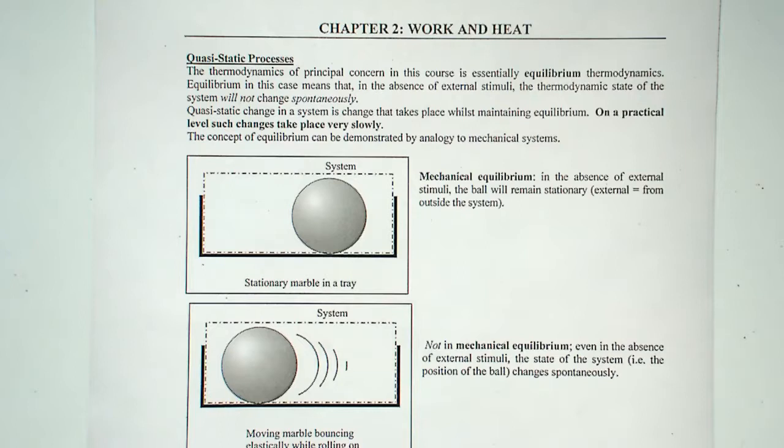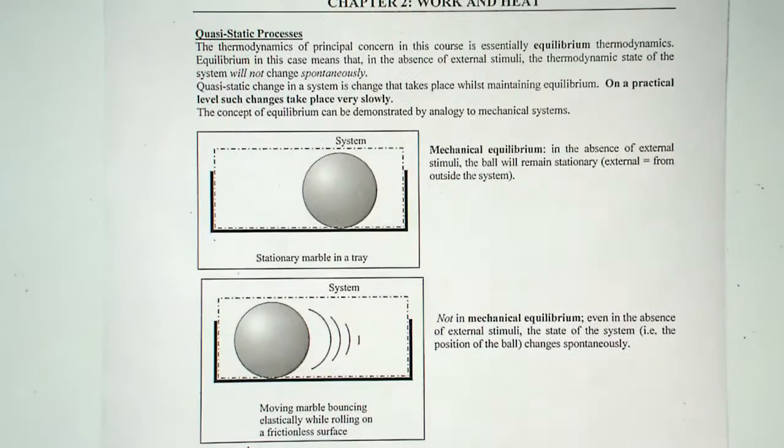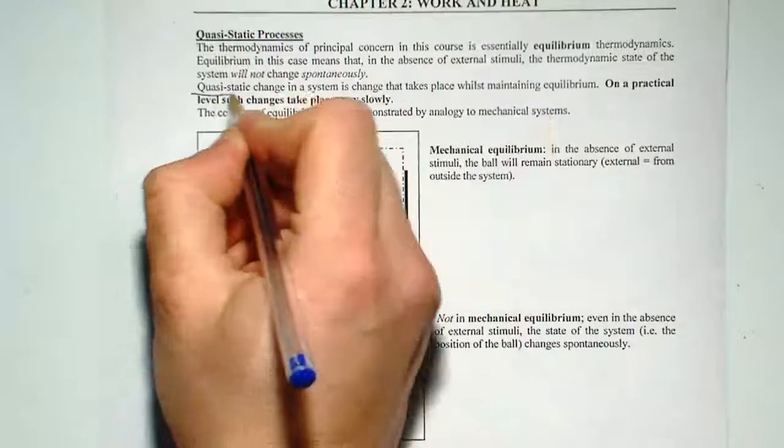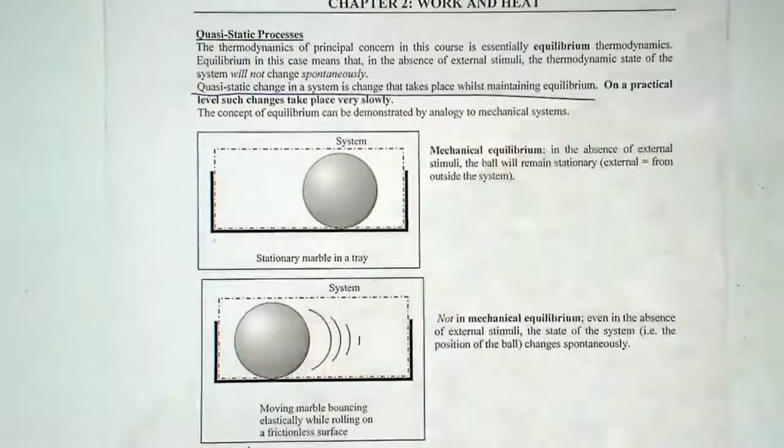But if you say it's quasi-static, then you give yourself the freedom that some of the things might change, but as far as the whole general picture is concerned, it's an equilibrium system. So, what is the formal definition? Quasi-static change in a system is change that takes place whilst maintaining equilibrium.